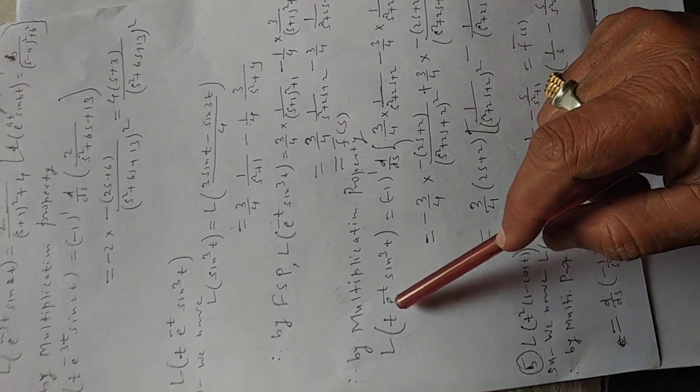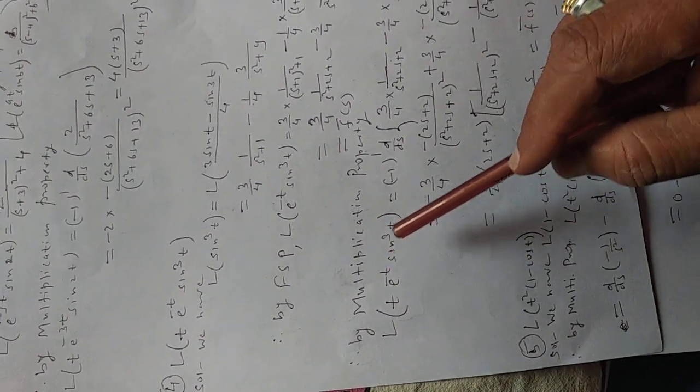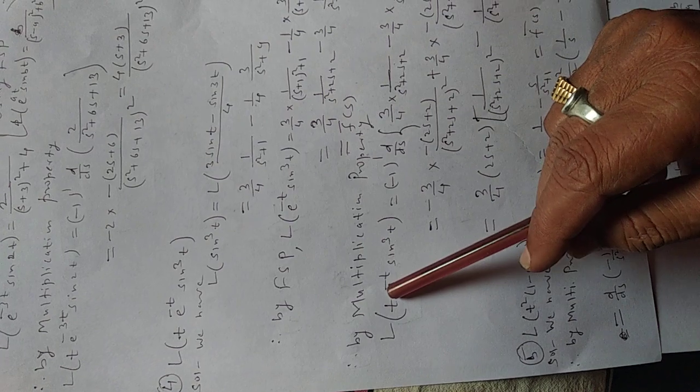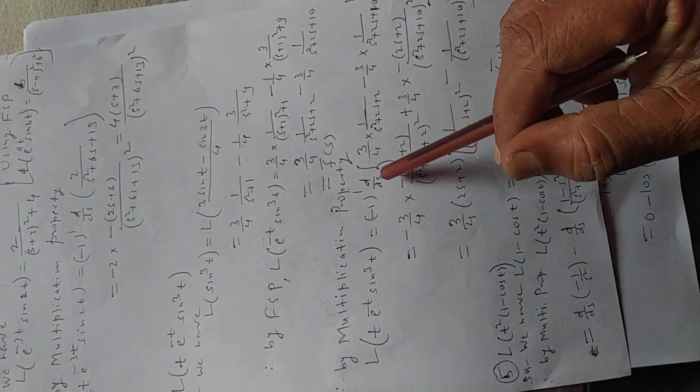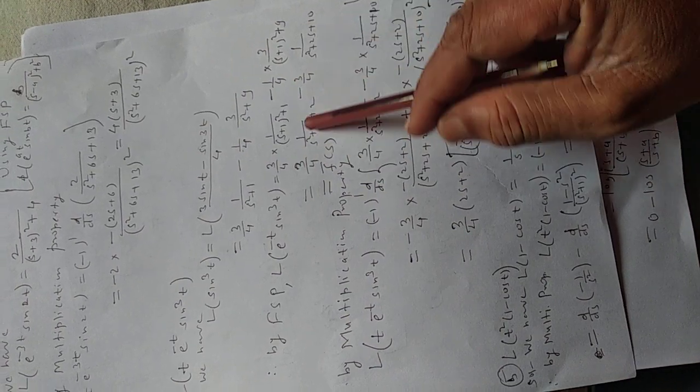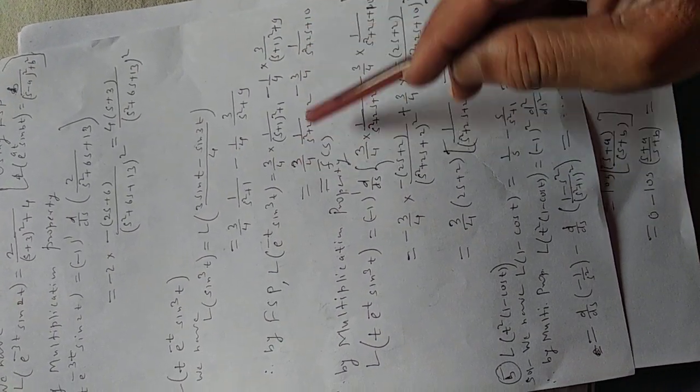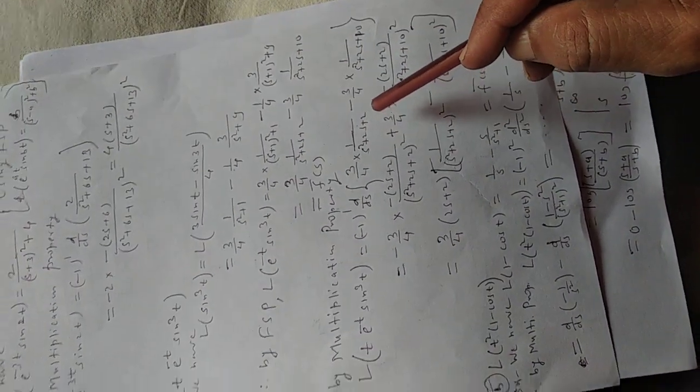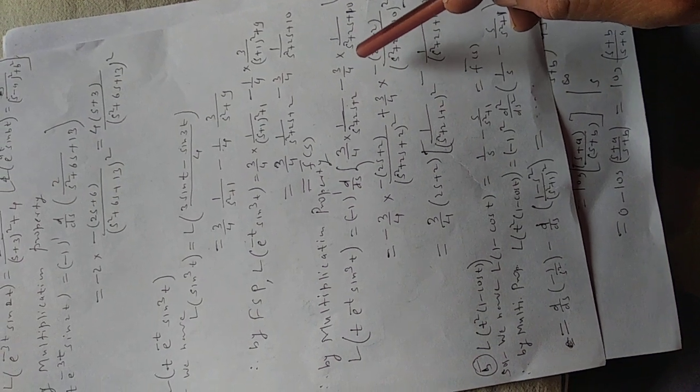And therefore, by multiplication property, Laplace of t into e raised to minus t sine cube t, power of t is 1, and therefore minus 1 d by ds, first order derivative of this f bar s. 1 upon s square plus 2s plus 2 minus 3 upon 4 into 1 upon s square plus 2s plus 10.